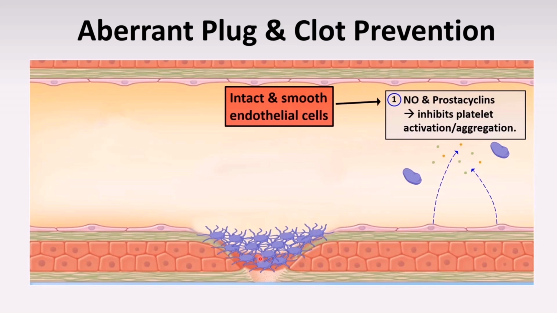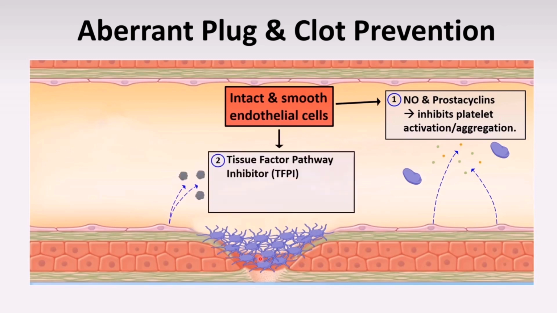But that's not all, because the intact endothelial cells are also critical to inhibit aberrant clot formation. How do they do it? Through the release of TFPI or tissue factor pathway inhibitor. So what is TFPI here? Now, TFPIs are essentially proteins that inhibit your tissue factor.